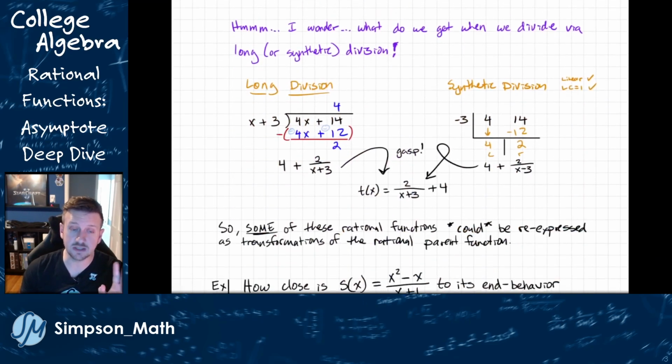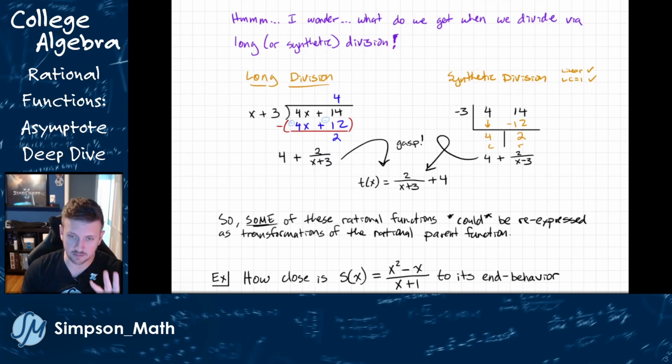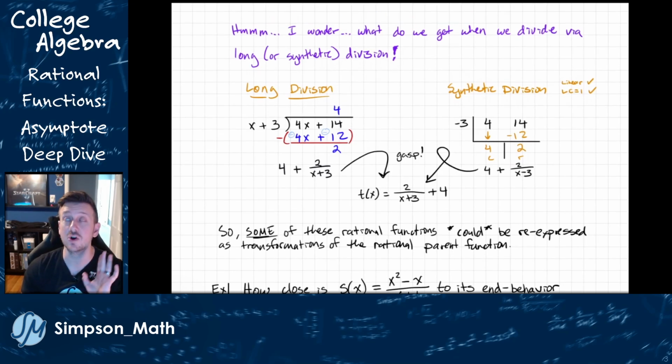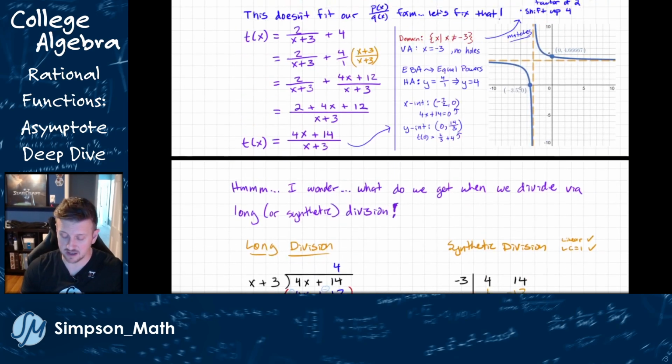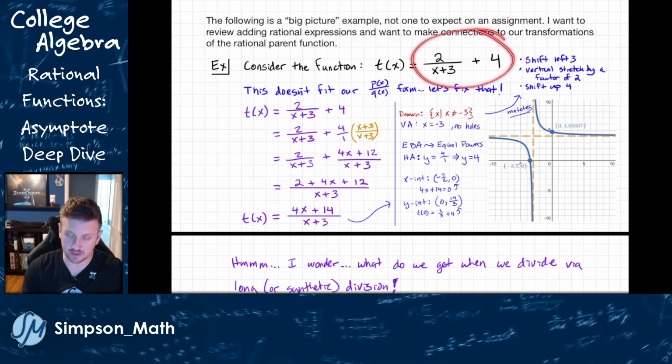So sometimes, I underline some of these, rational functions could be re-expressed as transformations of the rational parent function. And one of the ways of doing that is through long division here. So I think that's neat. Seeing how we can start with something from a rational function, smush it together, and the properties, everything plays nicely.